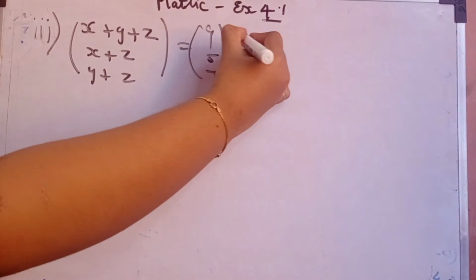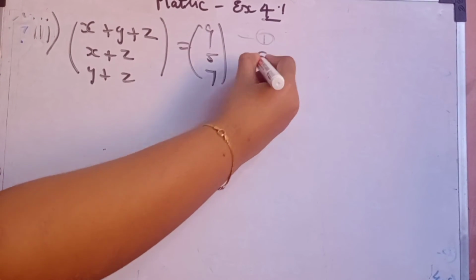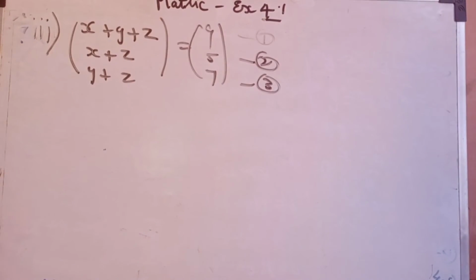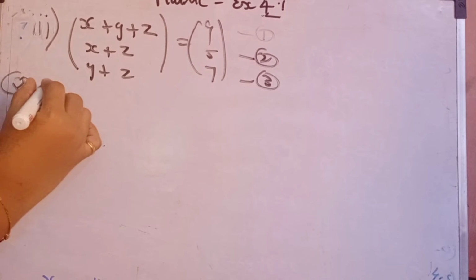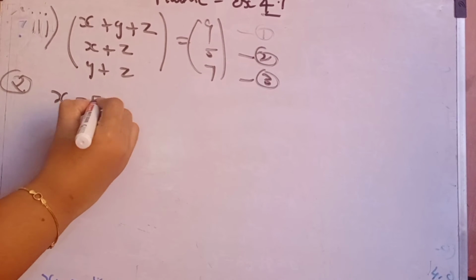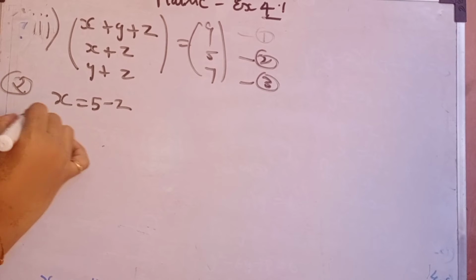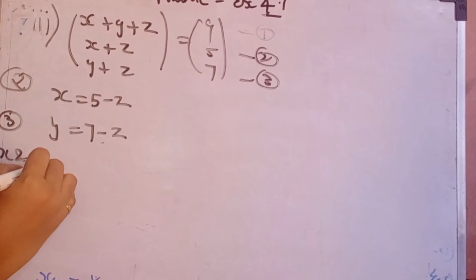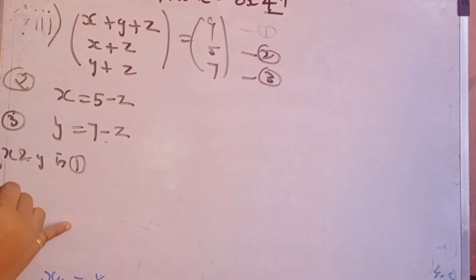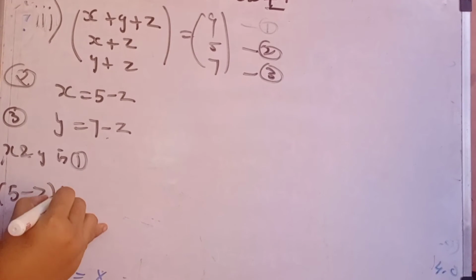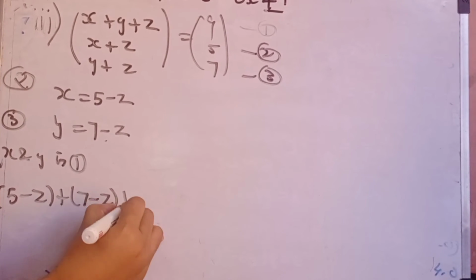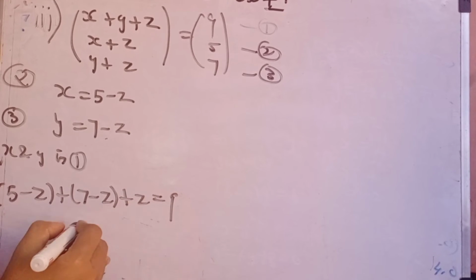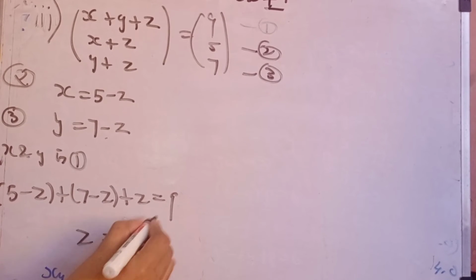So if we form the first equation, second equation and third equation, from 2 you will get x is equal to 5 minus z, and from 3 you will get y is equal to 7 minus z. So x and y in 1 means you will get 5 minus z plus 7 minus z plus z is equal to 9. So z value will be 3, right?